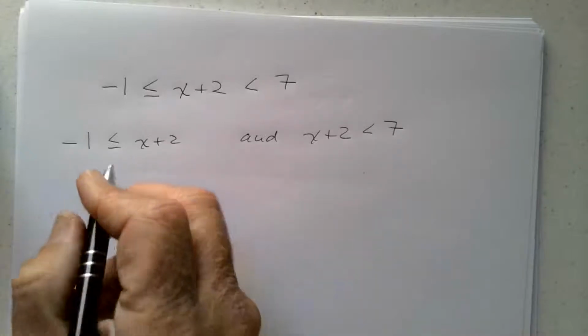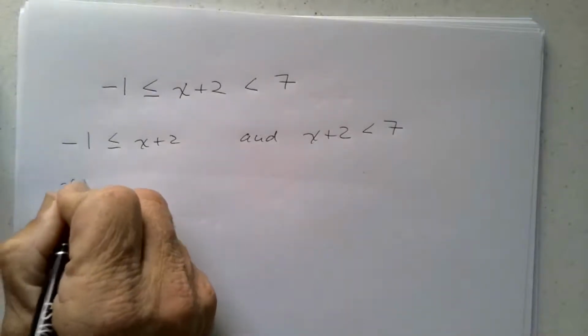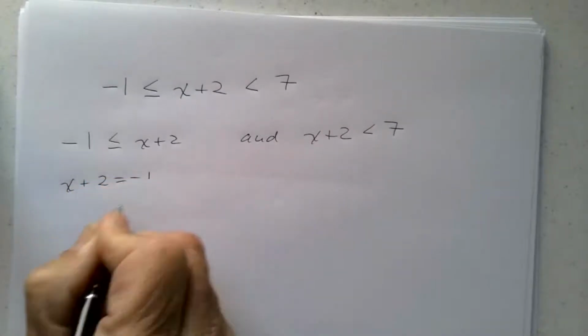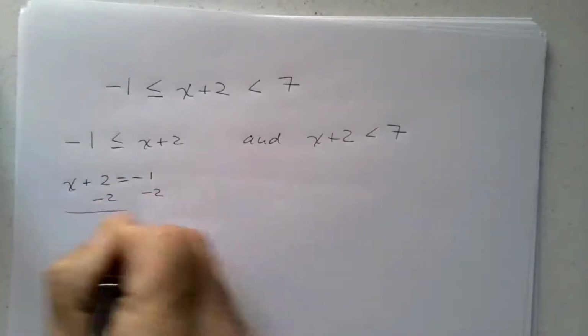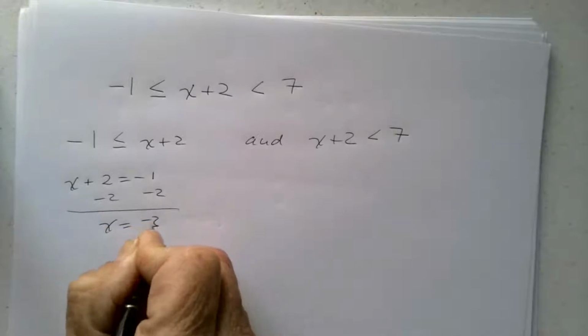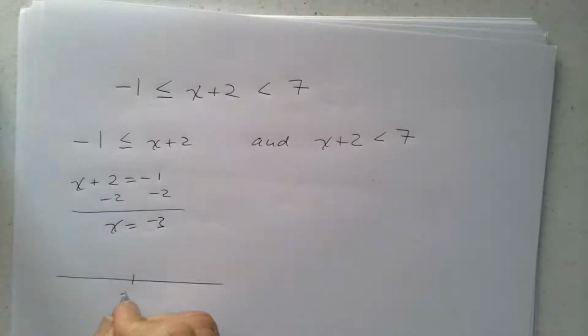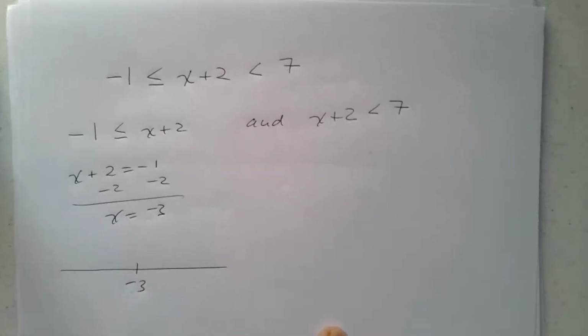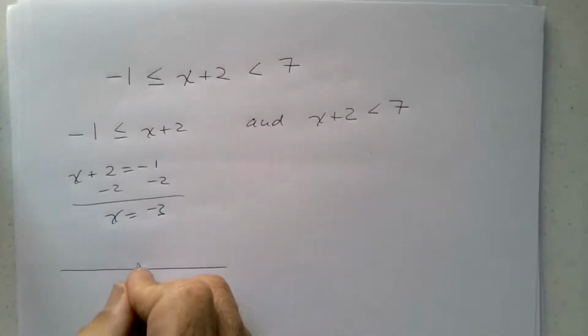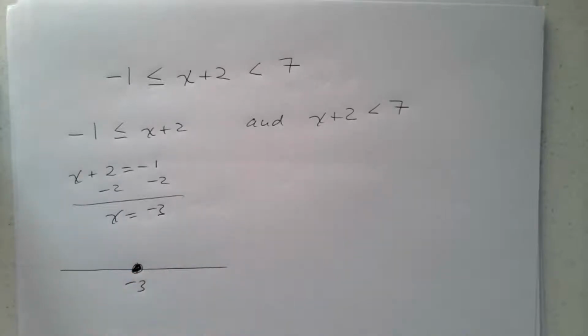So if I'm going to do it that way, I'm going to say x plus 2 equals negative 1, subtract 2, x is negative 3. So which way do I shade on the negative 3? Negative 3 is here. It is a solid dot. I have numbers on each side. To the left of negative 3 might be negative 4.